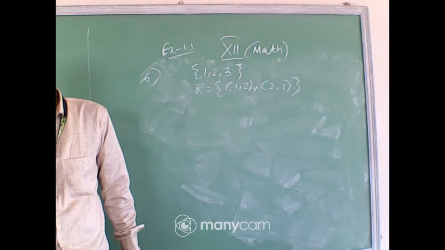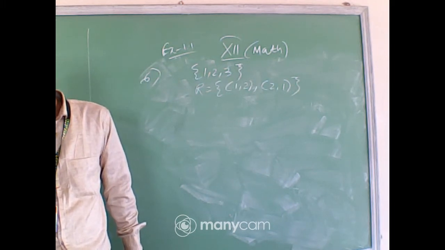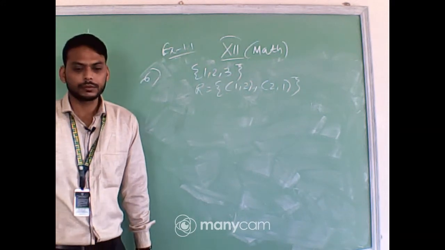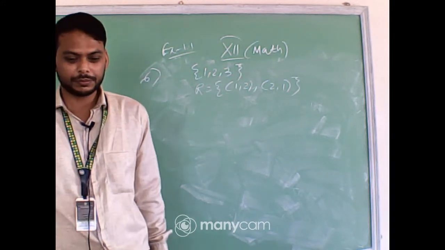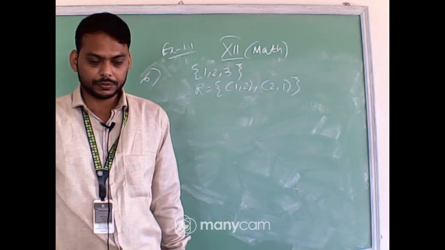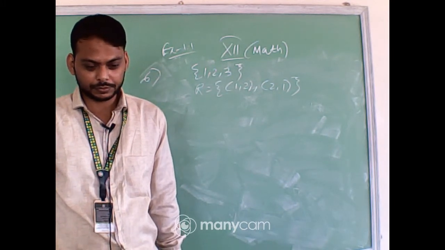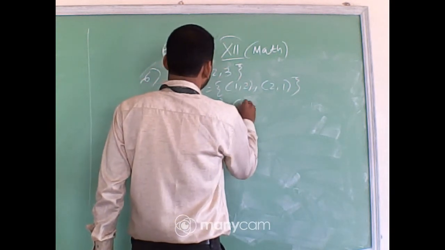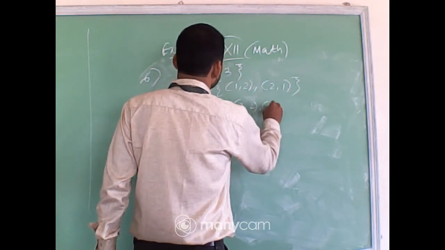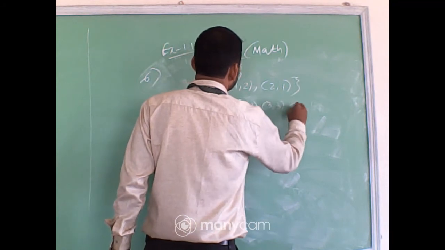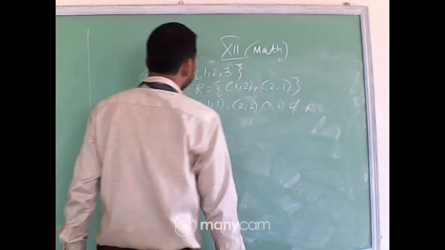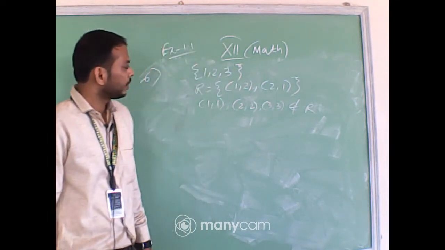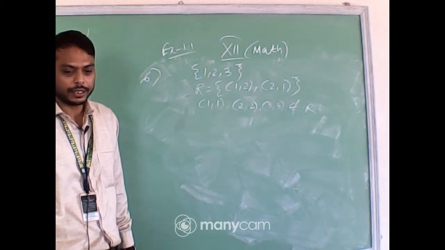Tell me the logic. I am waiting. Here (1, 1), (2, 2), (3, 3) do not belong to R. Isn't it?